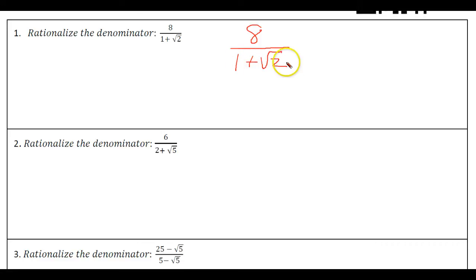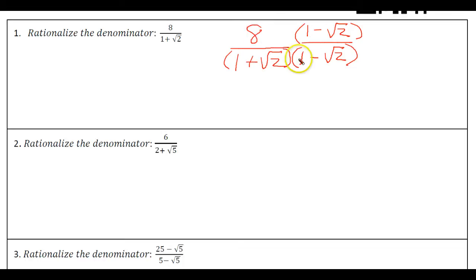Well, the conjugate of anything we said earlier was, and we're going to make this in the form of 1, it's what we have here, but its opposite sign. So here now, this and that are conjugates.